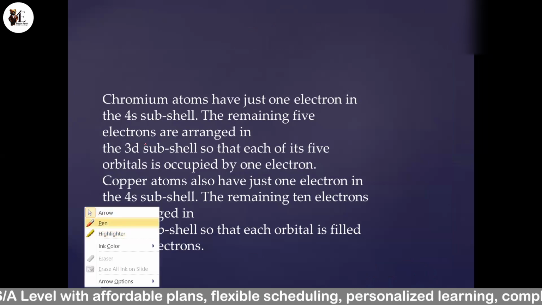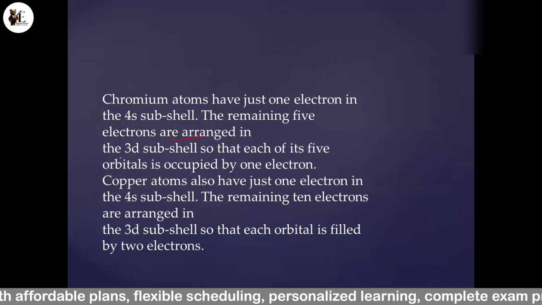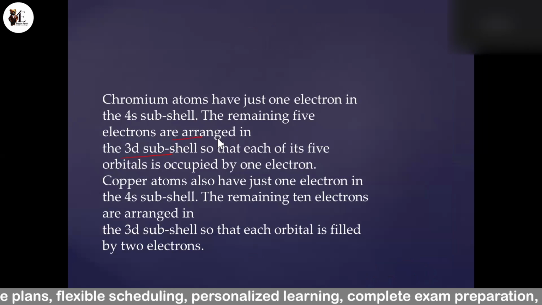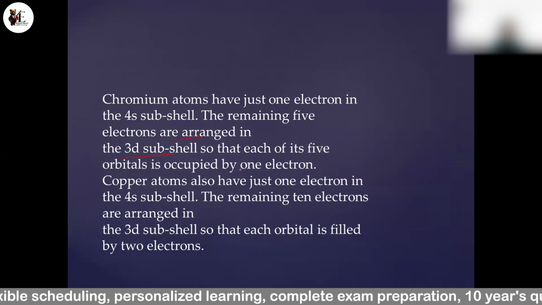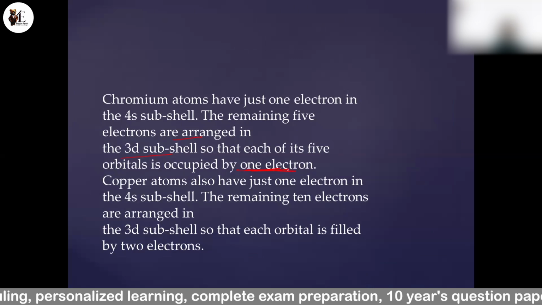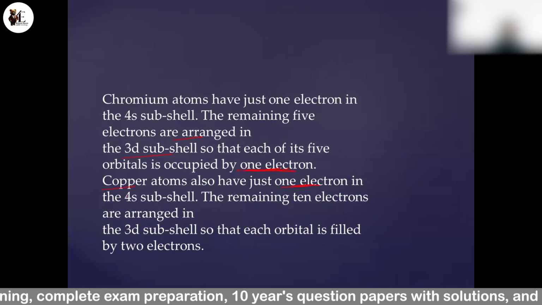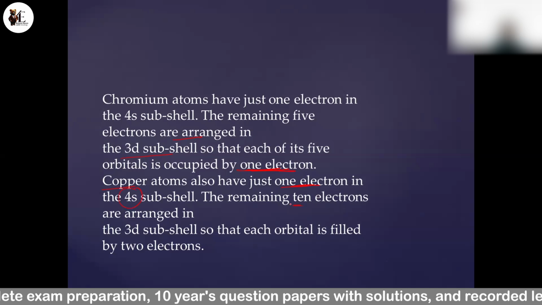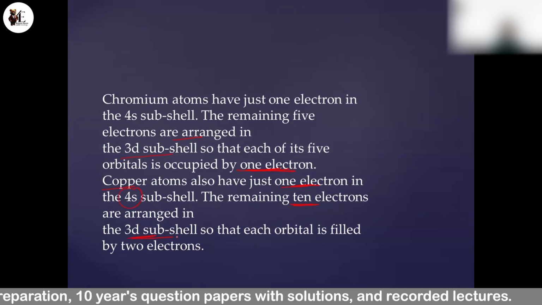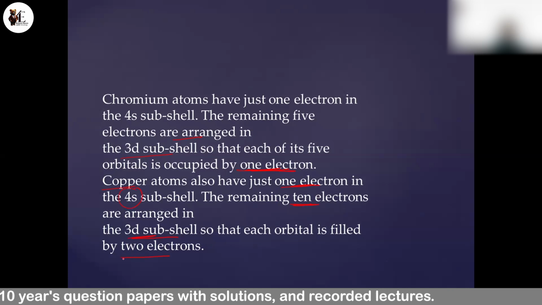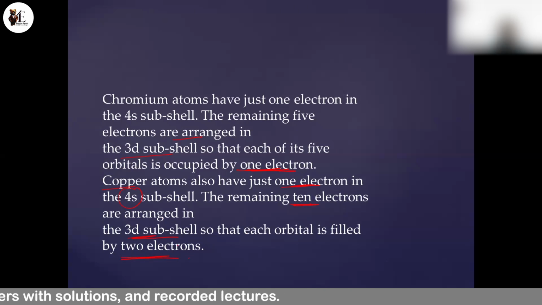The remaining 5 electrons are arranged in the 3D subshell so that each of its 5 orbitals is occupied by one electron due to extra stability. Similarly, copper atoms also have just one electron in the 4s subshell, but the remaining 10 electrons are arranged in the 3D subshell so that each orbital is filled by 2 electrons. Okay. Yes, ma'am.